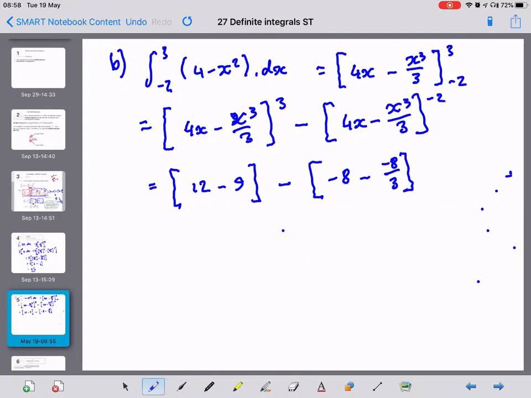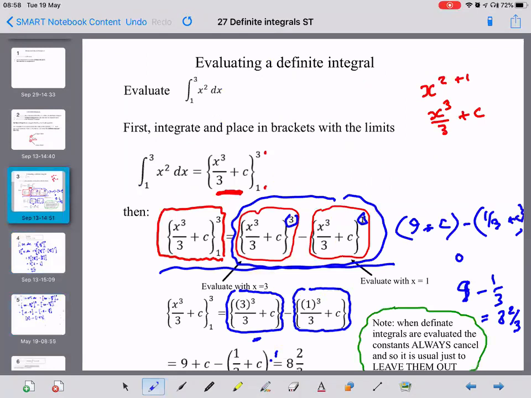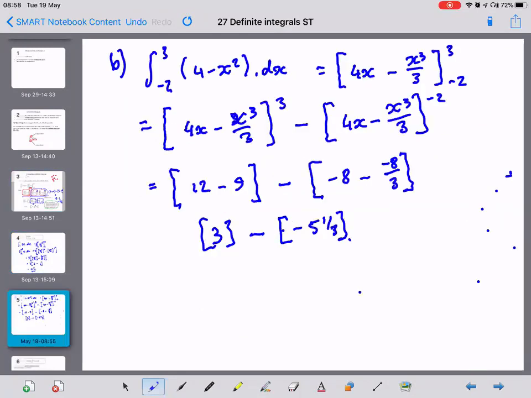this one is 3, and then that's minus minus 5 1/3. So the two negatives become a plus. And the final answer is 8 1/3.